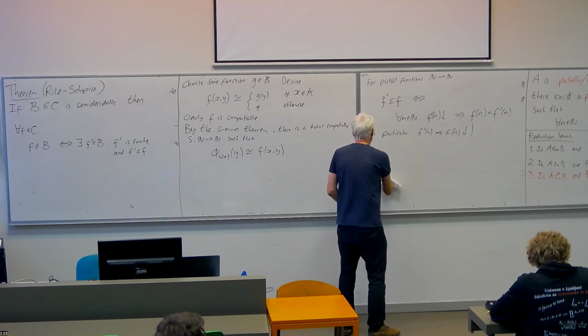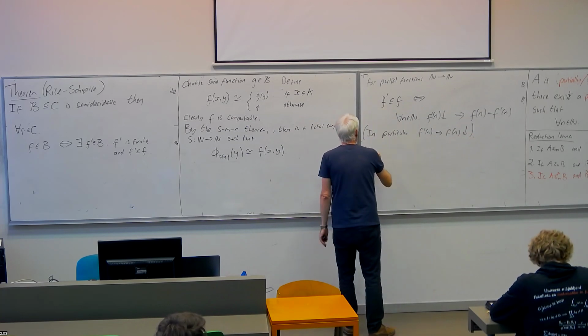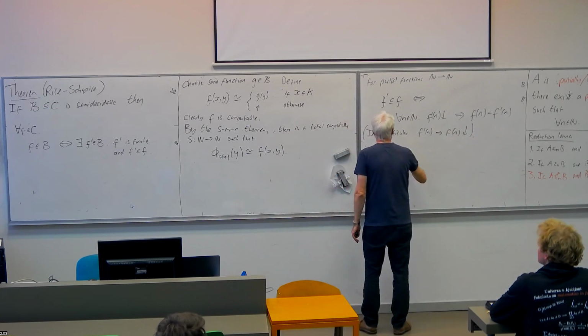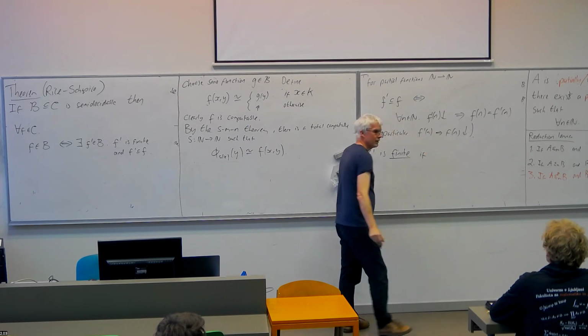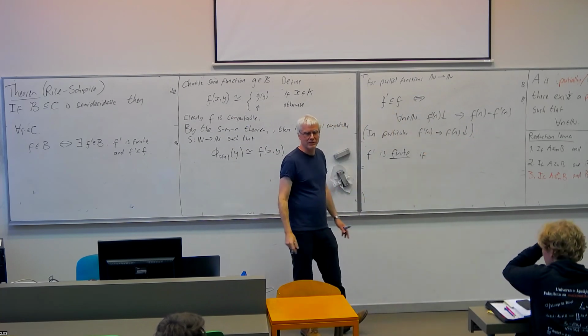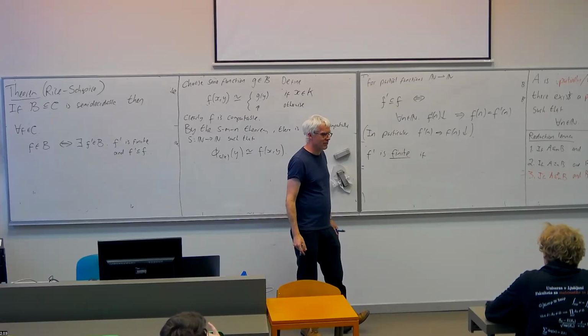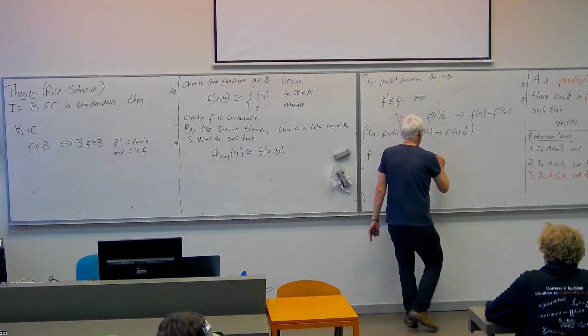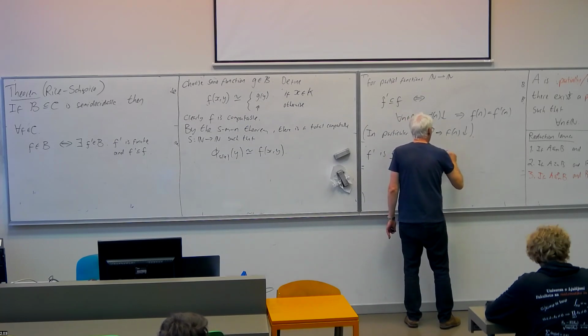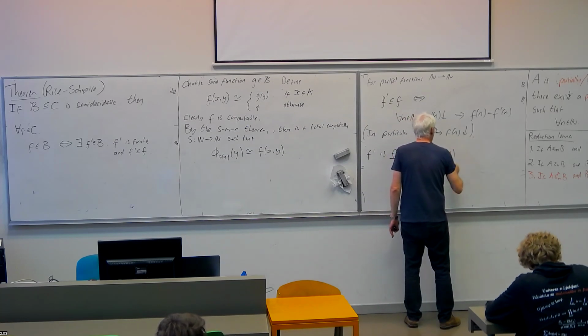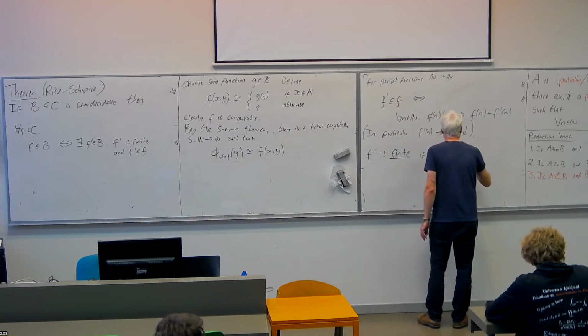the subfunction relation, the subpartial function. F' is finite if, guess what that means? It's defined, yeah. So if I was writing it like this, the domain of definition of f' is a finite set.